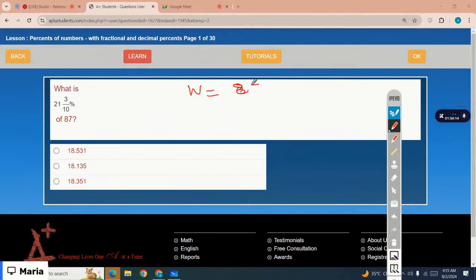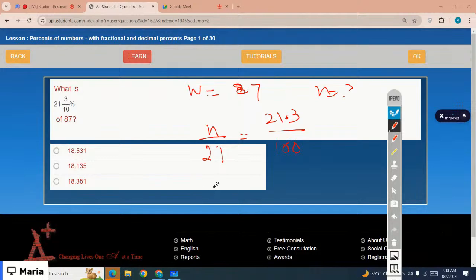You have to find the percentage, 21 whole 3 by 10%, right? So that is n divided by whole, and that equals 21.3 divided by 100. Got it? So let's just divide and solve for n.